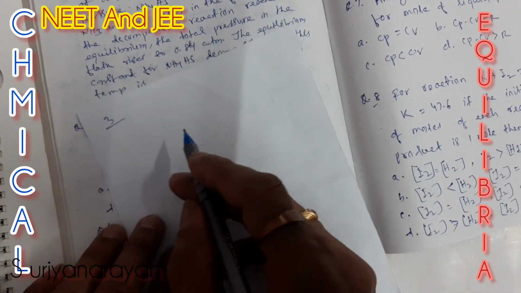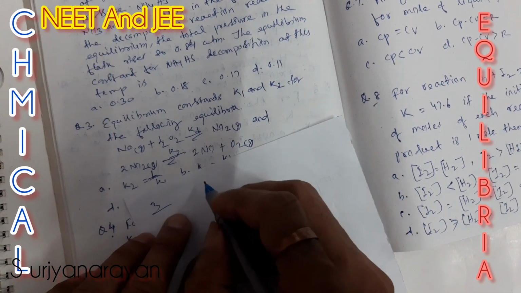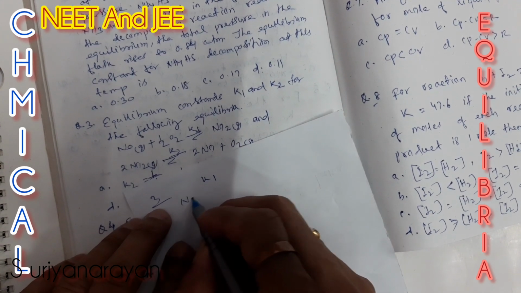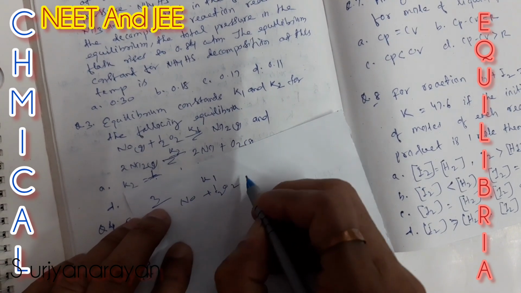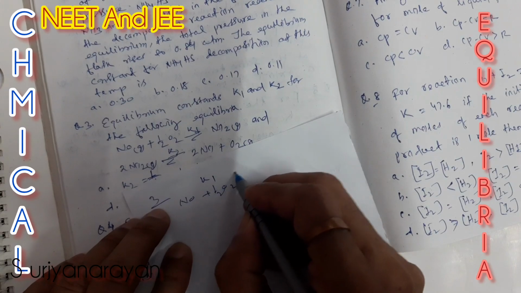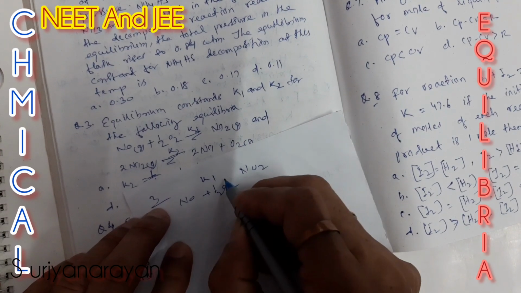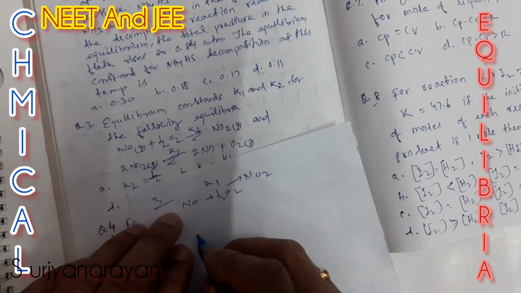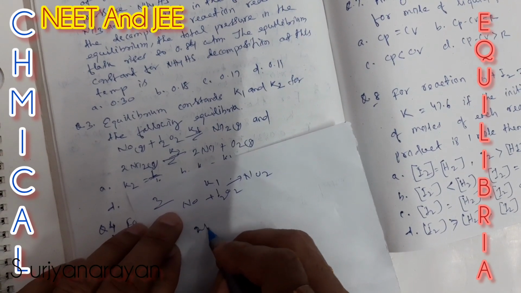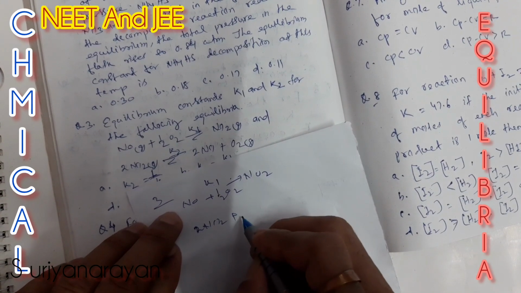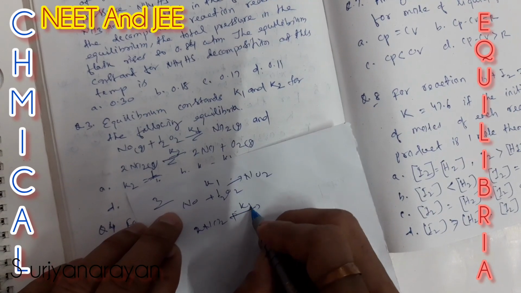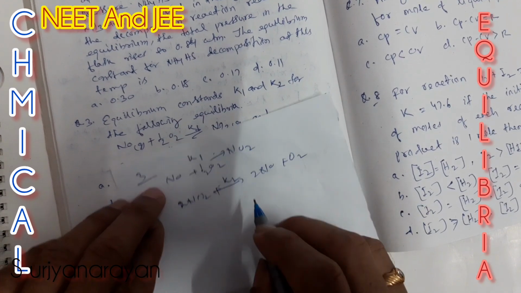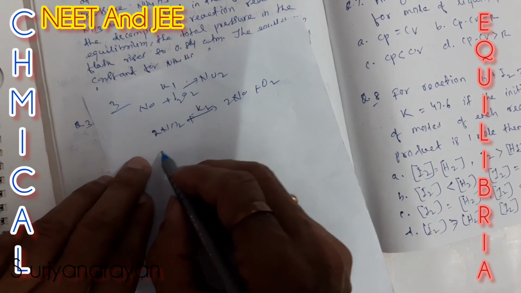So you take K1: NO plus half O2 giving NO2. And K2: 2 NO2 giving 2 NO plus O2. So what is K2?